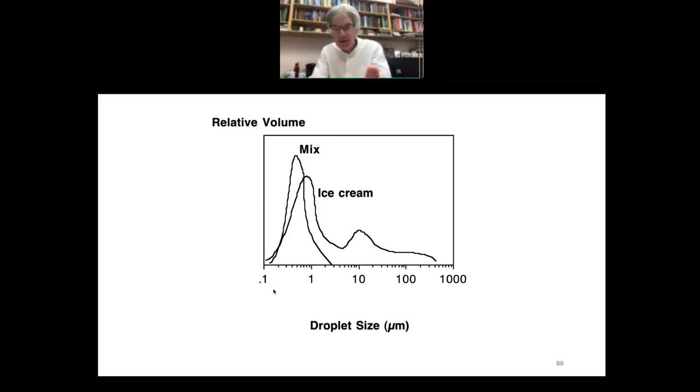So again, going back to light scattering, with ice cream, we've created this large tail or shoulder, if you like, of partially coalesced droplets. And it's these that lead to networks that lead to a holdup or a structure in the ice cream.